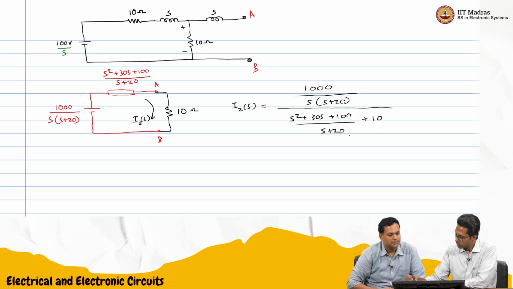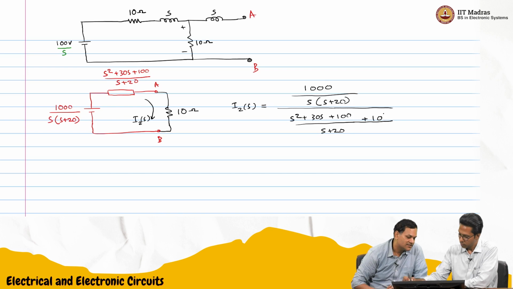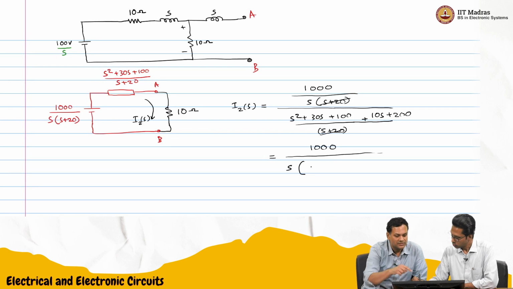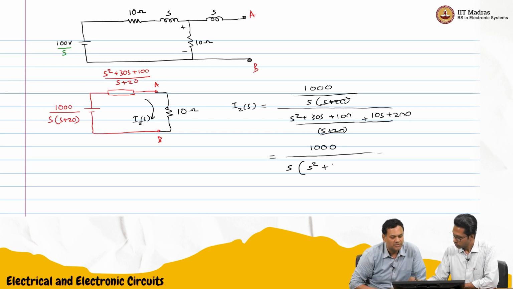If you do LCM here, plus 10S plus 10S plus 200. These two will get cancelled. So S squared plus 40S plus 300.